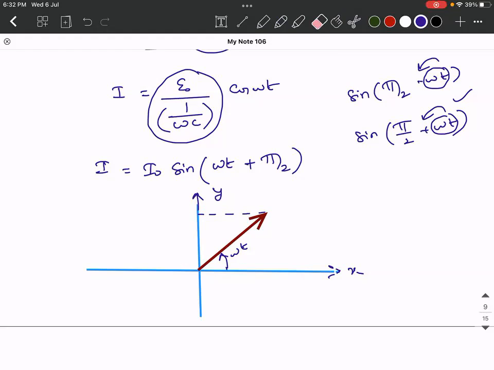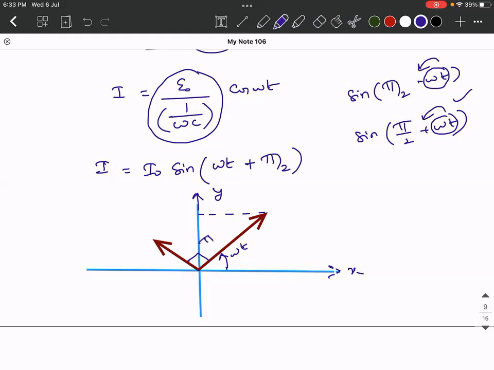Listen. Now, if I have this to be I, right? Now this I is rotated through what angle? Through an angle of omega t plus pi by 2. It is going to stop here, right? When it is omega t plus pi by 2, this is going to be the value.